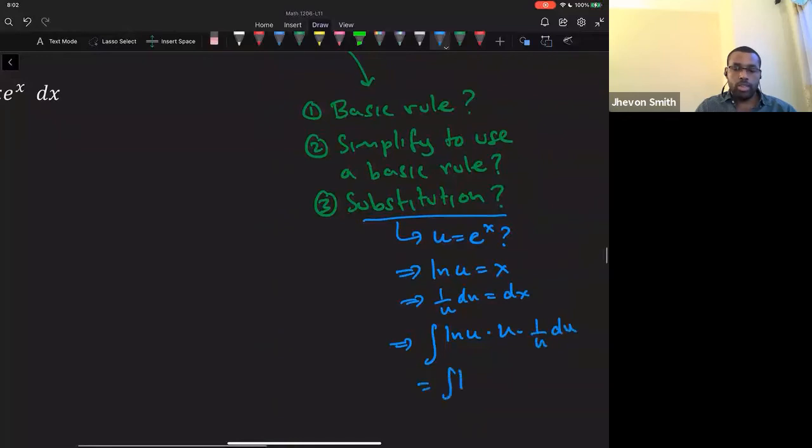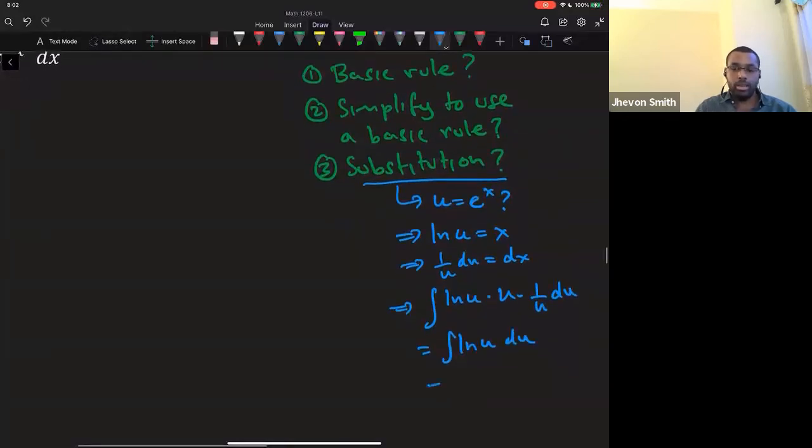So you'd have to have the integral of ln of u du. And that, we actually don't know how to integrate. So obviously, when I first asked this question, oh, what's the integral of ln, they'll tell me 1 over x, but it's not 1 over x. The derivative of ln is 1 over x. The integral of ln x, we don't actually know. That's not a basic rule for us. Not yet, anyway.